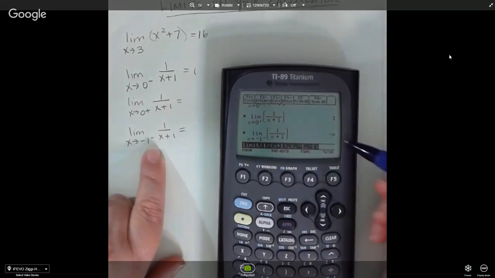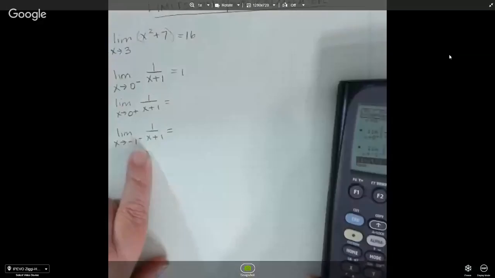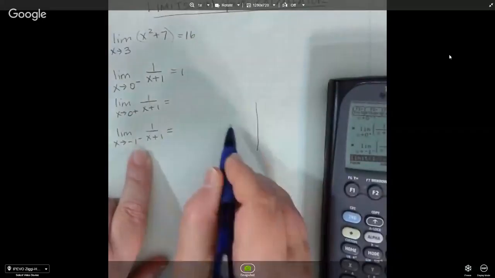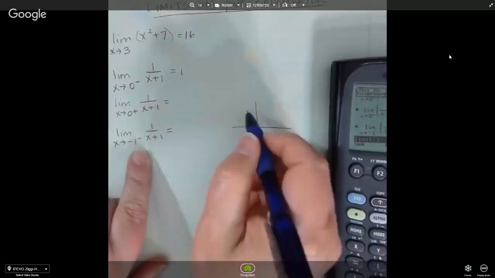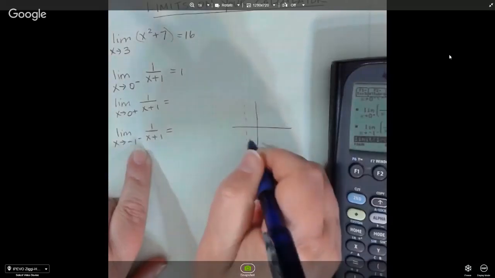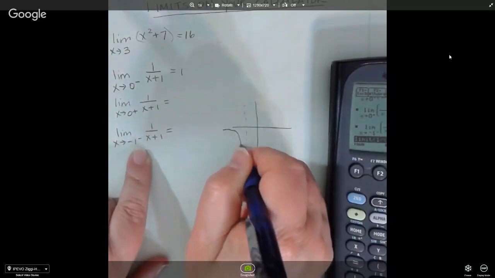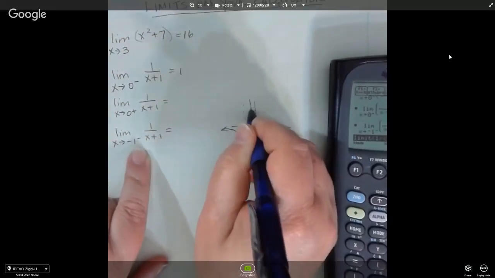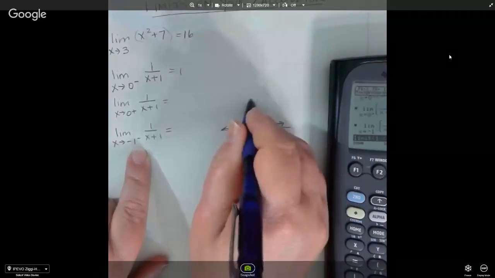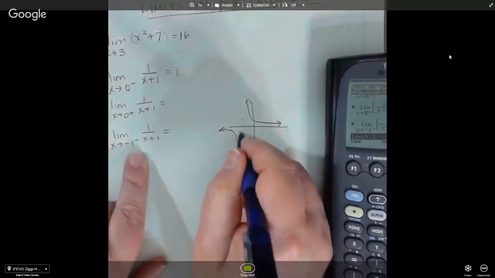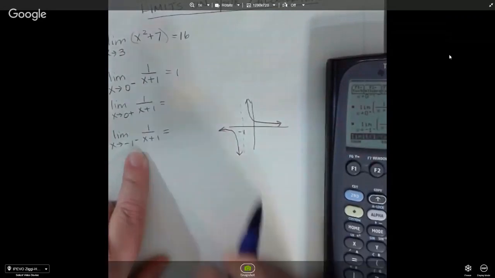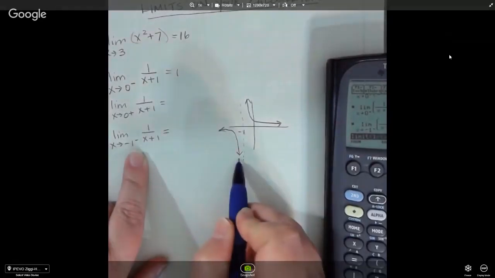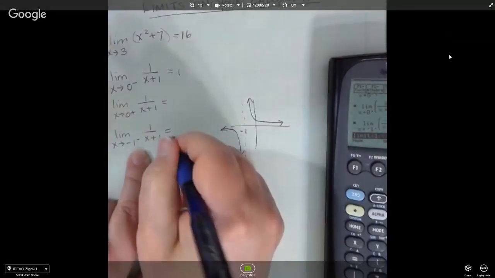The calculator says that's -infinity. And if you remember what the curve 1 over 1 plus x looks like, there's a vertical asymptote at x equals -1 and a horizontal asymptote. And this is just the 1 over x function shifted to the left by 1. And we sure indeed see that from the left side it goes to -infinity.